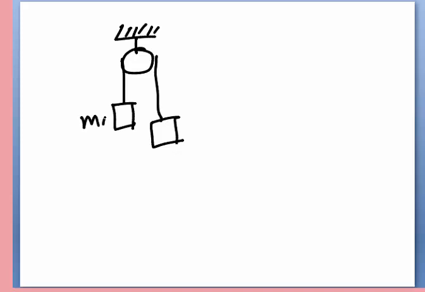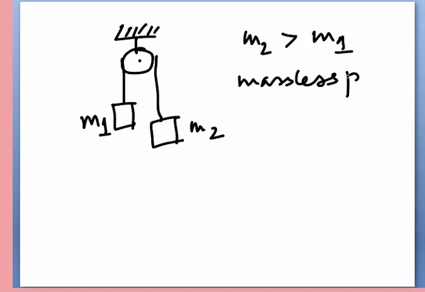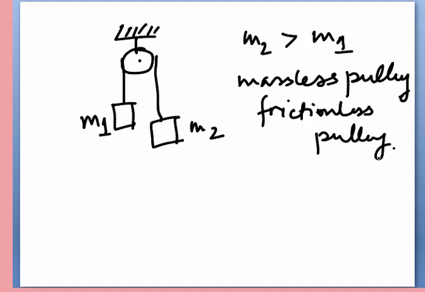This is M1, this is M2. M2 is greater than M1. The pulley is massless and there is no friction, so it is a frictionless pulley. It's an ideal scenario. I'm assuming that both these masses are point masses.